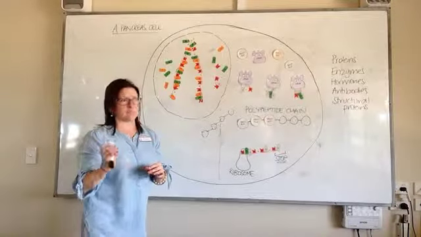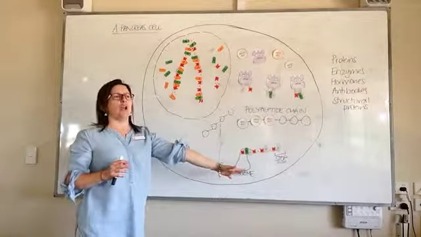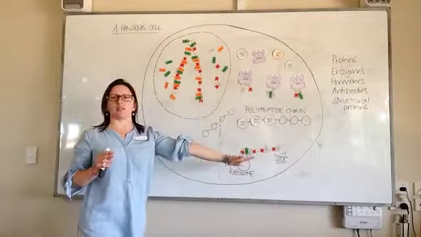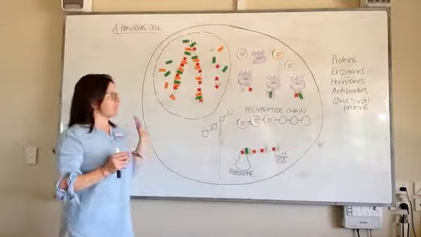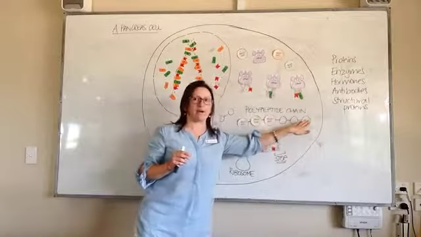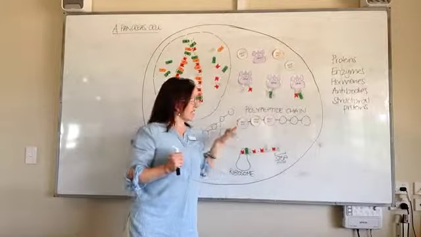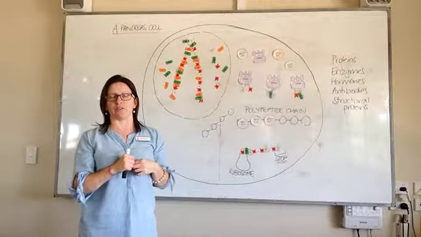So to be clear, lots of teachers, lots of textbooks, lots of students refer to this process as protein synthesis. More correctly, what I've demonstrated here should be referred to as polypeptide synthesis, because each time that occurs, you're only making one polypeptide chain.